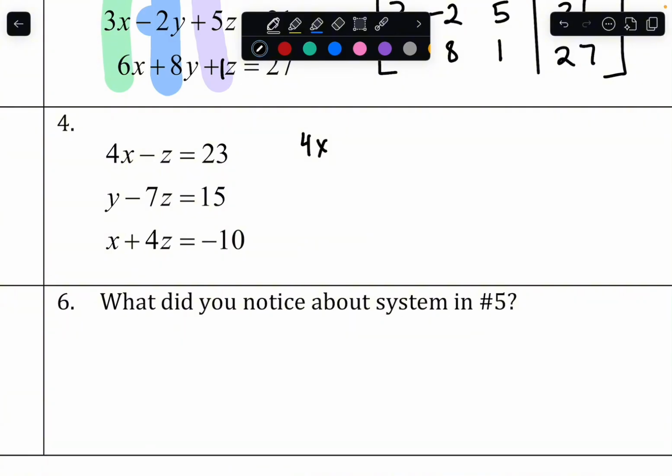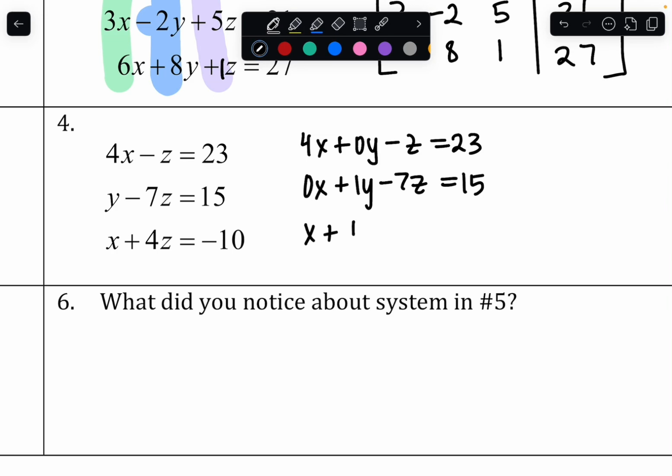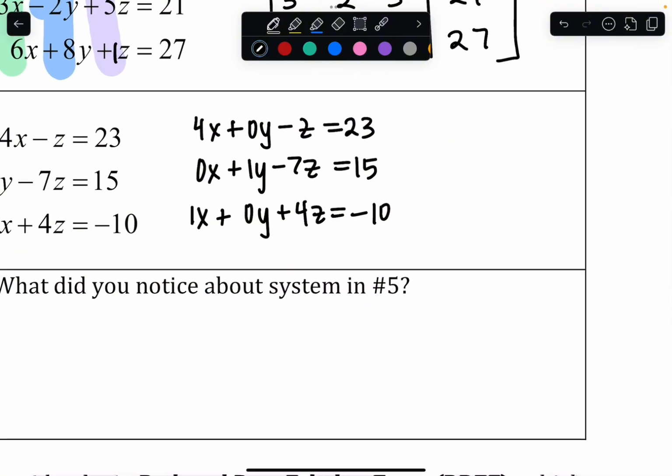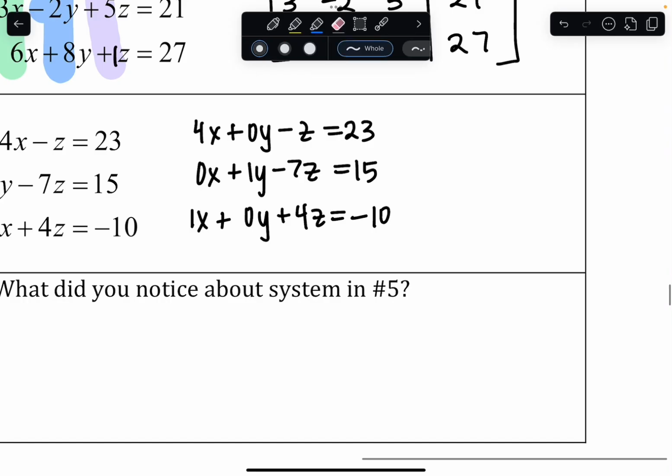So my first equation is missing the y term. So I'm going to fill in 0y. My second equation is missing the x term. My third equation is missing the y term. Okay, and so fill in some invisible ones. Okay, and so for my x's, I have 4, 0, 1.